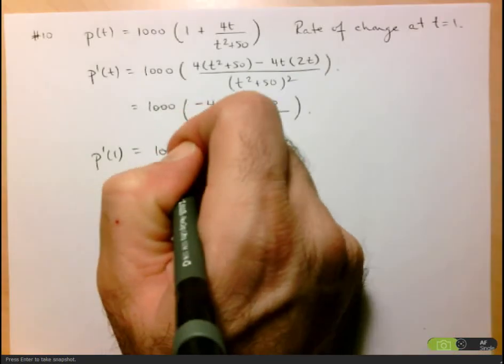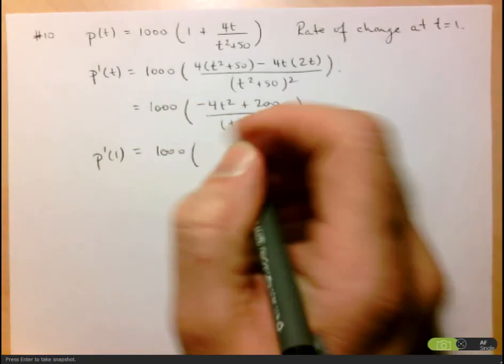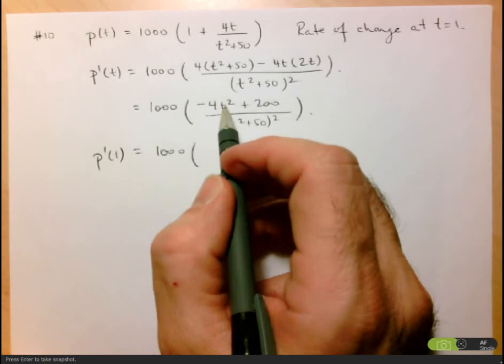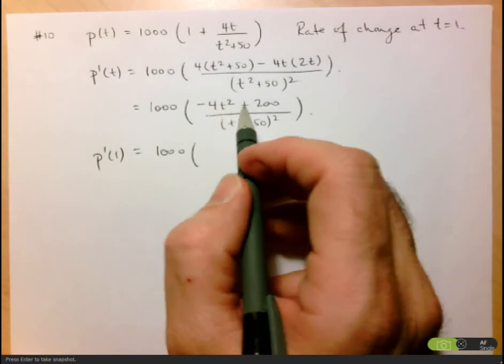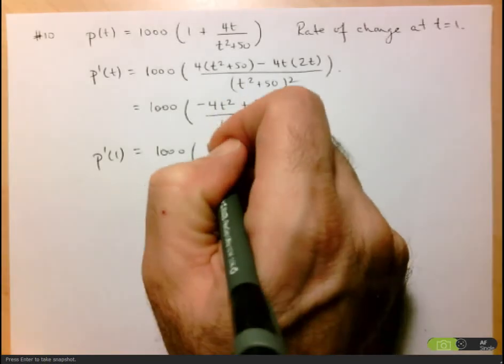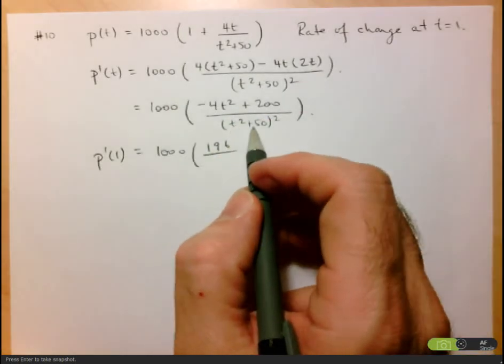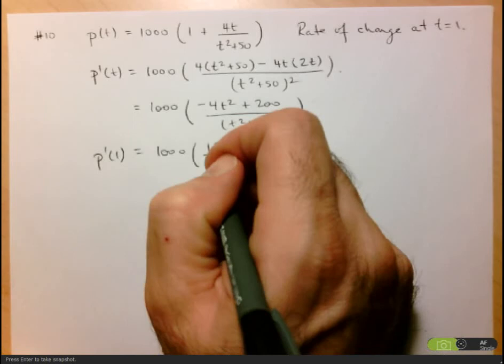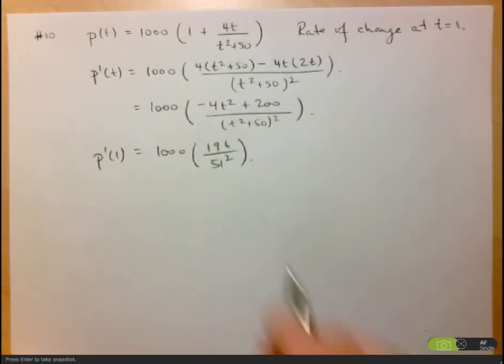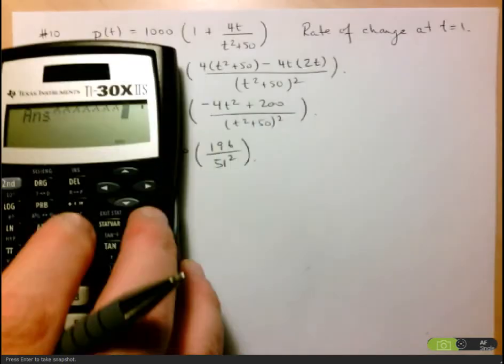So 1,000, okay, so here we're left with negative 4 times 1 squared, so negative 4 plus 200 is 196, and here we're left with 1 squared, so 1 plus 50 all squared, so 51 squared. Okay, and here we'll have to grab our calculator and check this out.